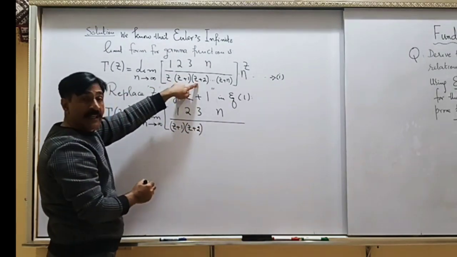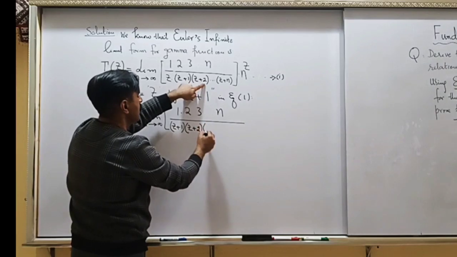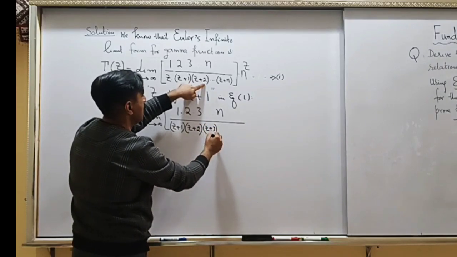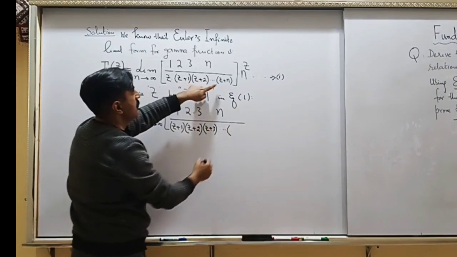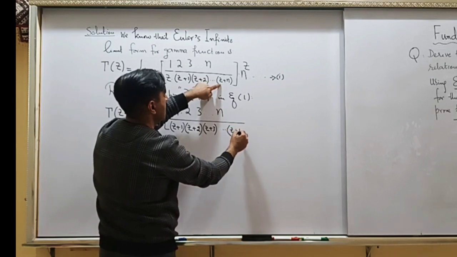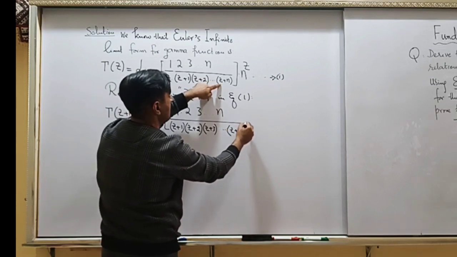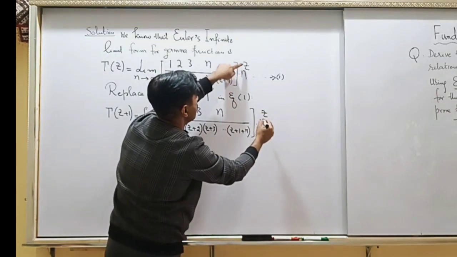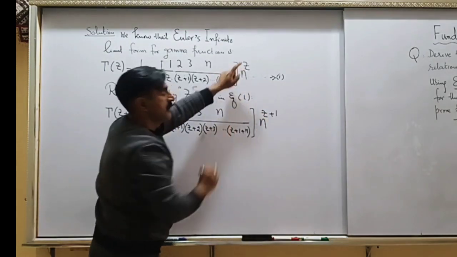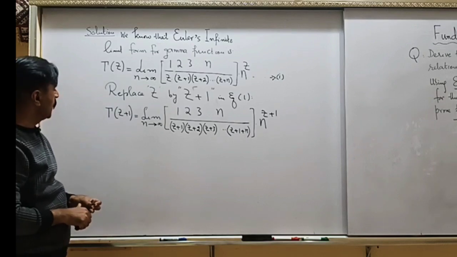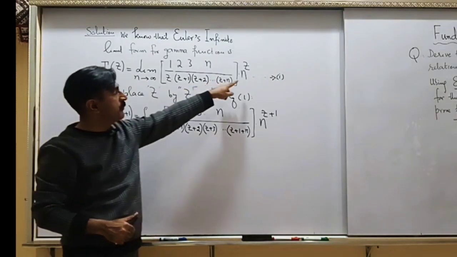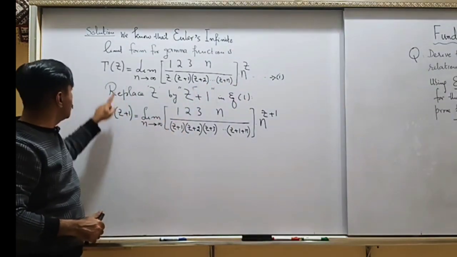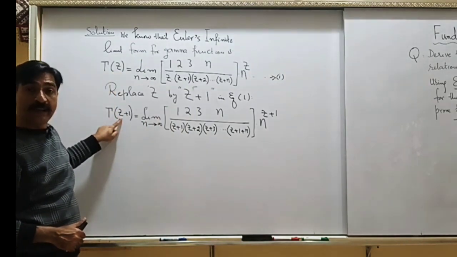Z plus 1 here plus 2 will make z plus 3 dot dot, and this is z plus 1 plus n, and here n to the power, this z will be replaced with z plus 1. So everywhere in the equation number 1, z has been replaced by z plus 1.